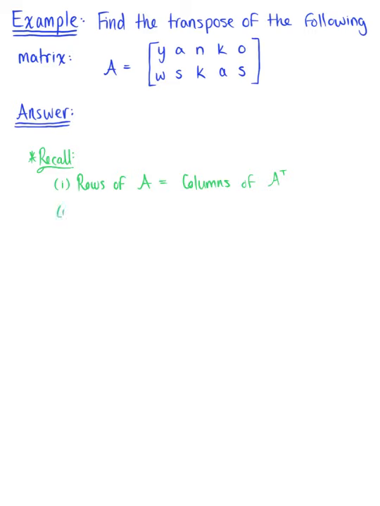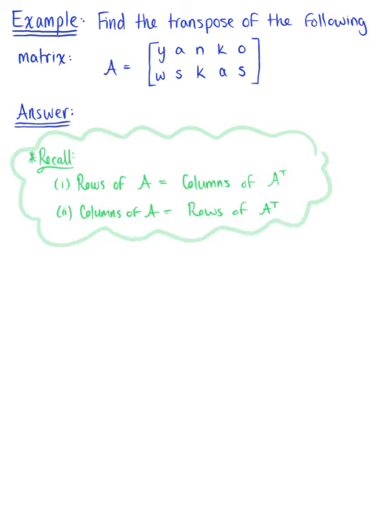And we also know from definition that the columns of matrix A are equal to the rows of the transpose of matrix A. So let's use this definition to help us find the transpose of our given matrix.